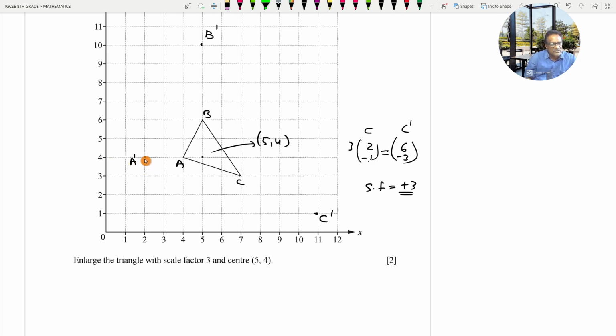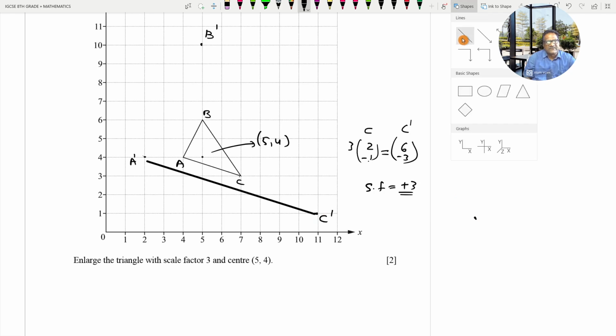So let me draw this A dash. This is what happens. From A to, now this will be slightly rough. This is what I got. The second one will be A dash to B dash.